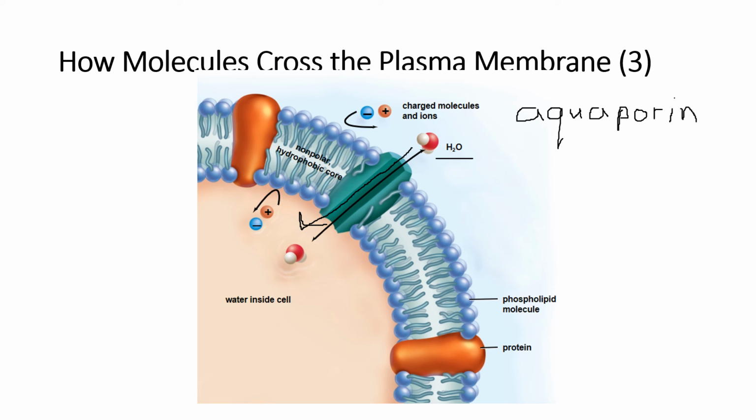Some charged ions can also pass through a channel protein or a carrier protein, but usually the timing is controlled. It's usually not always open, but there are cases where they're always open for certain ions.